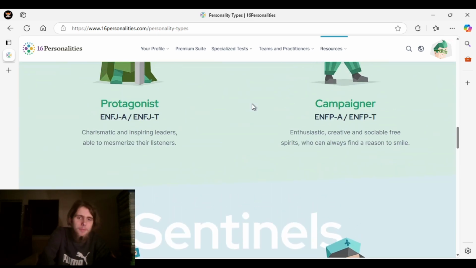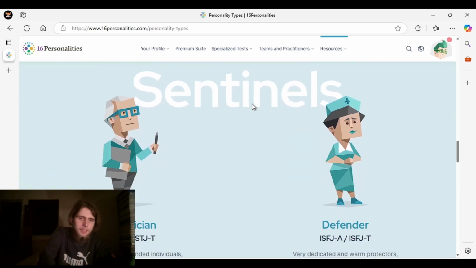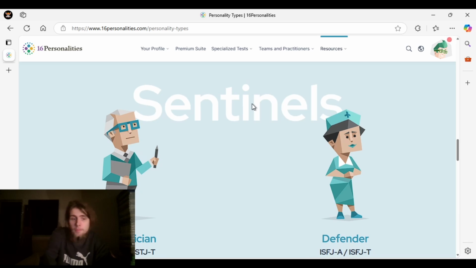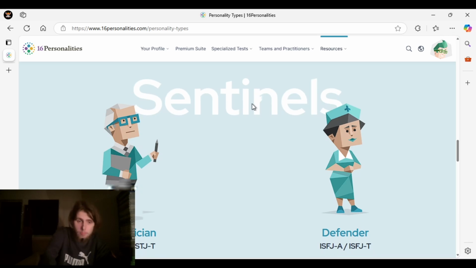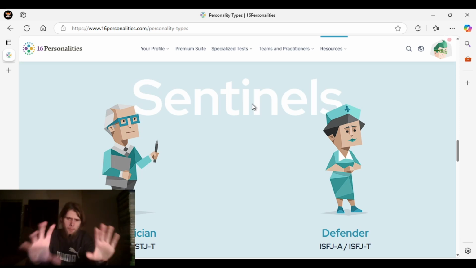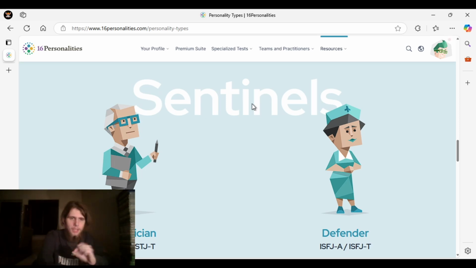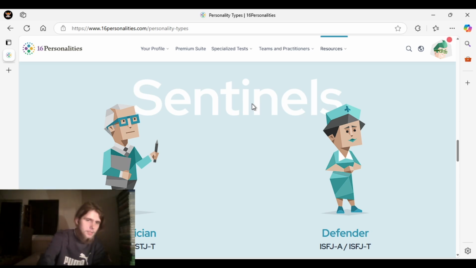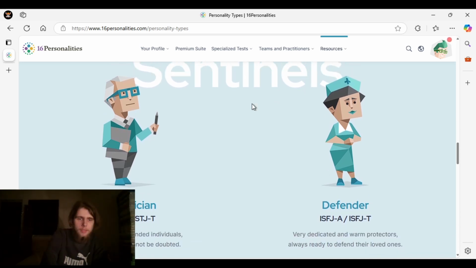Then we have the next category, the Sentinels. Each and every one of these is a bit more structured. They tend to structure things, to be more organized and follow their structure.